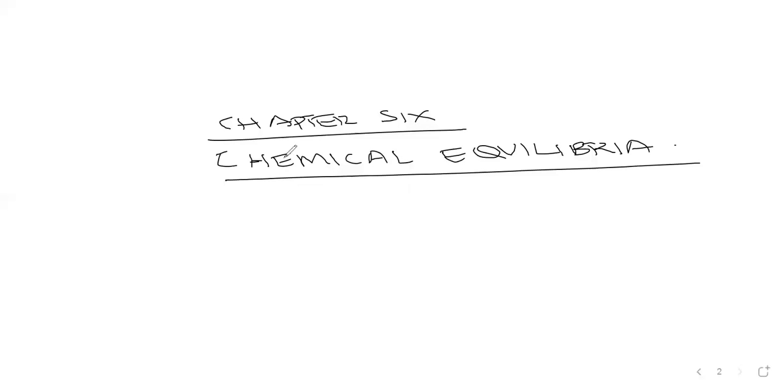Chemical is not a new word to any of us. It's related to chemistry or chemicals. And when you talk of chemicals, we are looking at compounds, basically. Those chemicals are compounds, of course. And then we talk of an equilibrium.